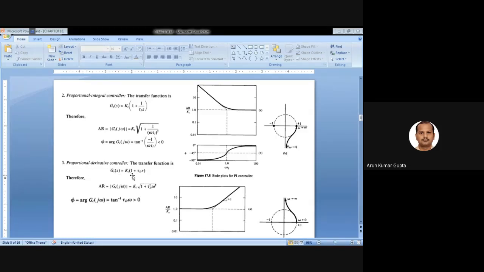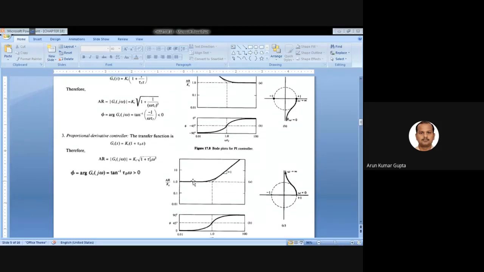For proportional derivative, we have this kind of graph. For proportional derivative, the AR value is given as Kc times root of 1 plus omega square tau d square. As omega is 0, this value is Kc only. As omega goes to infinite, this value will keep on increasing to infinite. Similarly, for the phase angle, tan inverse of tau d omega, at omega equal to 0 this is 0, and at omega equal to infinite this is 90.